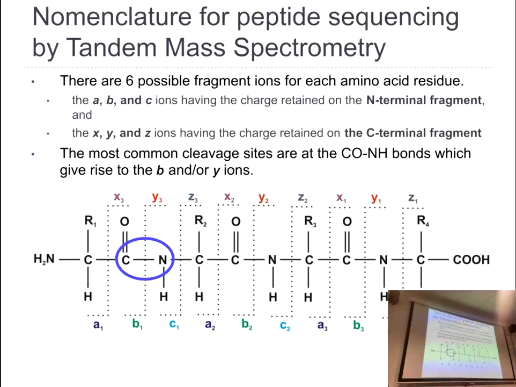So the B3 is going to come here. Again, what's the difference between the B2 and the B3? If you took this mass and took out this mass, it's one amino acid. Again, the B4. So if I gave you a spectrum and it only had B ions, you could find out the amino acid sequence, right? Super easy.